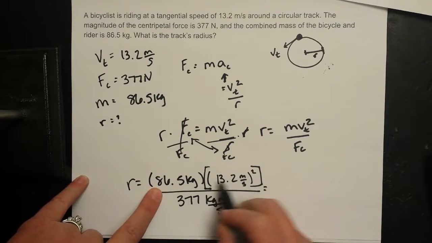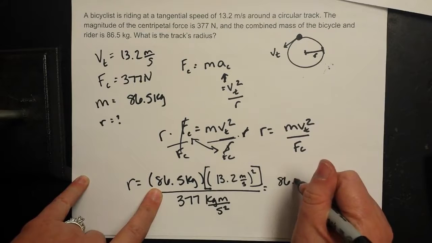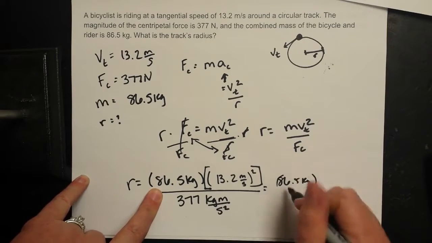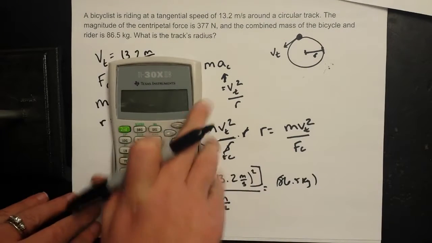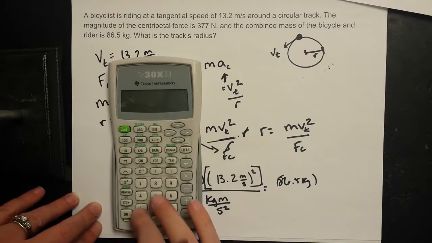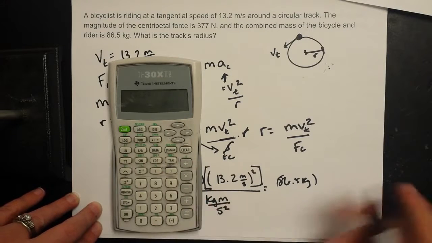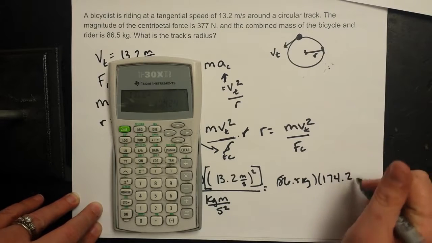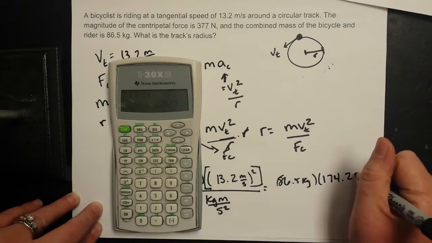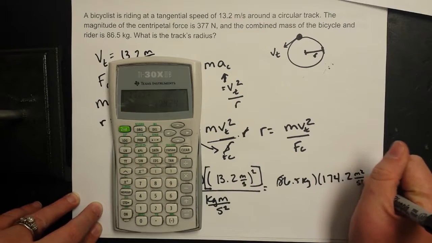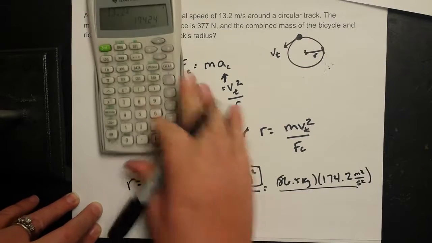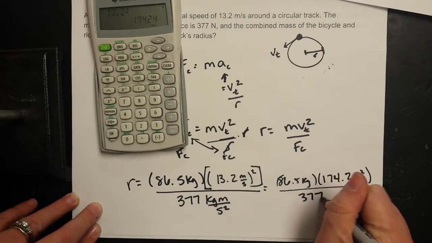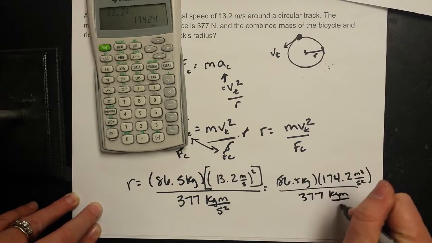Alright, for my numerator, I've got 86.5 kilograms times, let's figure out what this term is here. So 13.2 squared is 174.2, and it's going to be meters squared per second squared, all divided by 377 kilogram meter per second squared.